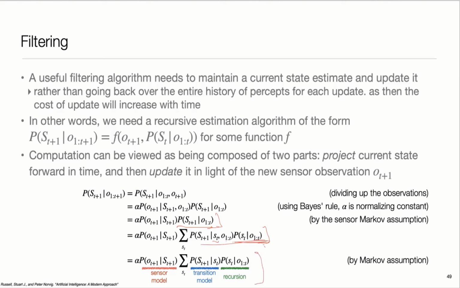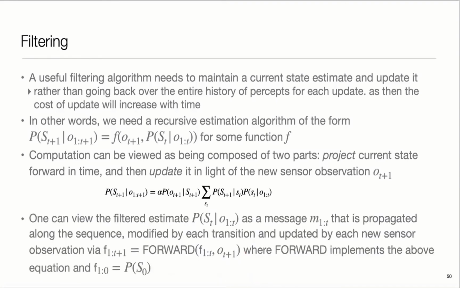And now we end up with our end form, which is we have our sensor model, we have our transition model, which is basically saying state t plus 1 given S t, and we have the recursion, which is S t given O 1 through t. So this is the preceding term that we had. So this gives us kind of our filtering structure, and we can think of this term as like a message which we are sending from one time step to another time step.